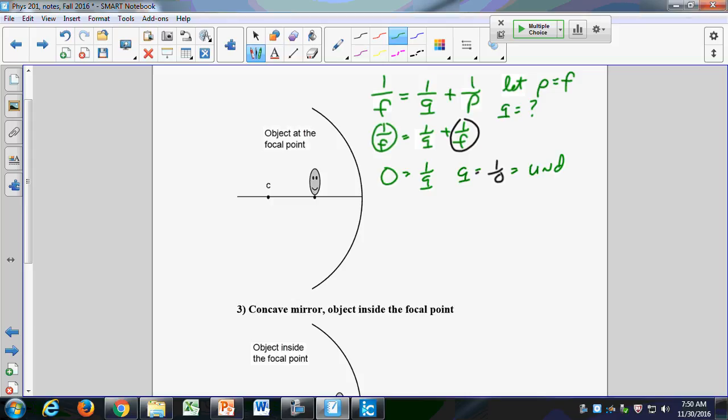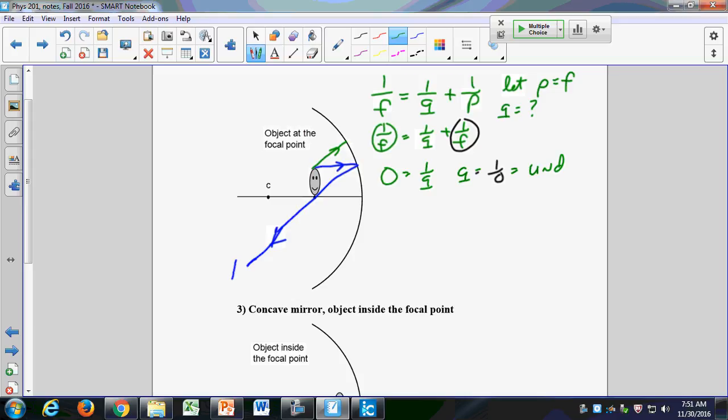So the way that works out with our mirror, with our rays, is I draw a ray parallel to the axis, and then through the focal point. I can't draw a ray through the focal point because we're at the focal point, but I can draw one through the center of curvature. This is rule number 1. Rule number 3, I draw a ray through the center of curvature. Since I'm on this side of the center of curvature, I draw it such that it originates from the center of curvature.